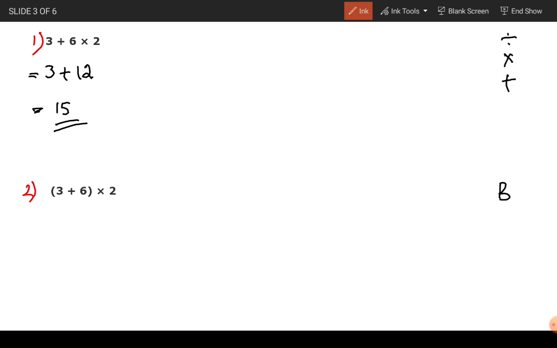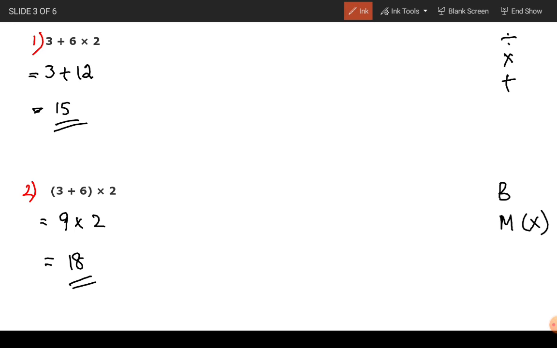So I first solve the parenthesis or the brackets and get 3 plus 6 is equal to 9. Now after the brackets, we look for any off or orders. Since they are not there, we next look for division, D. There is no division here. What we have is multiplication or M. So 9 into 2 is 18.